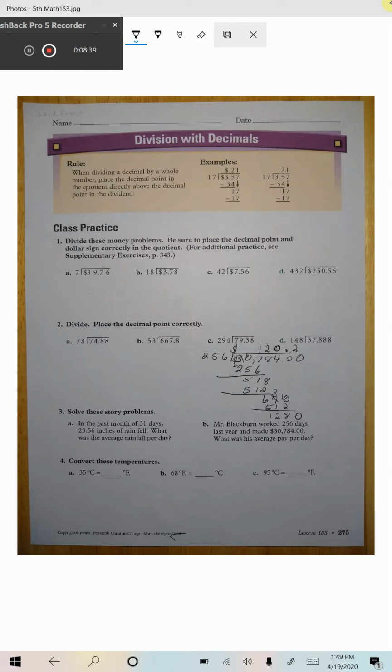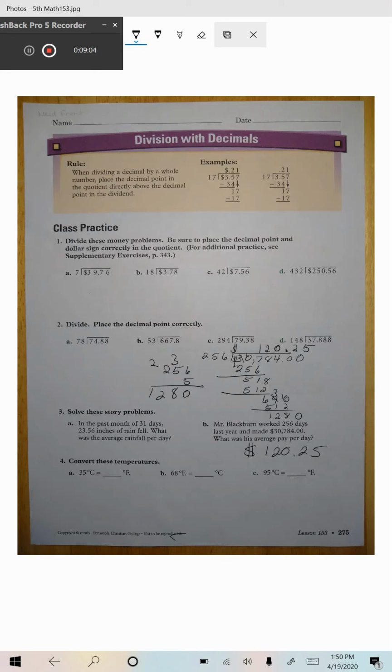At this point, it ends in 0, so I'm wondering if it's times 5. Because I know that anything times 5 has to end in 5 or 0. And look what I got. So it was 5. So it's $120.25 he averaged per day.